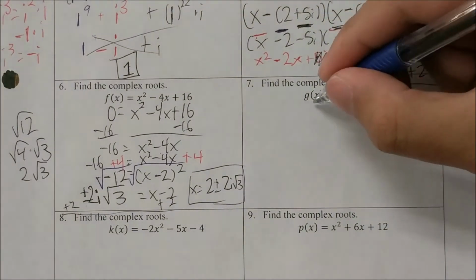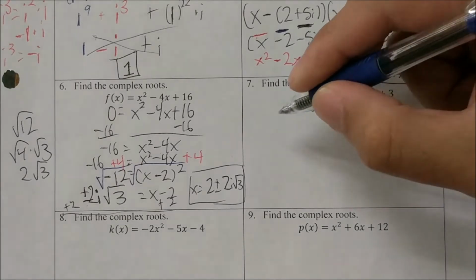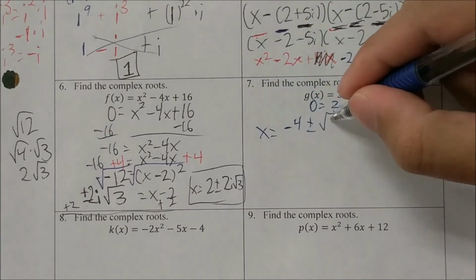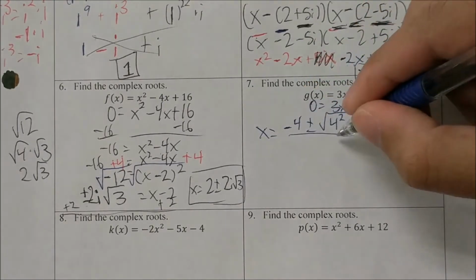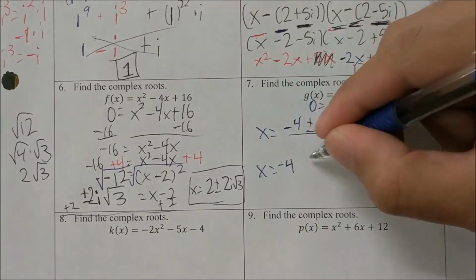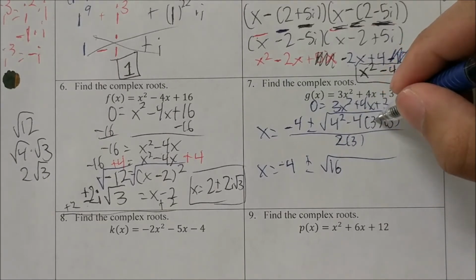So for this one, I'll use the quadratic formula. So x equals negative b plus or minus square root of b squared minus 4ac all over 2a. 4 squared is 16. Negative 4 times 3 is negative 12.